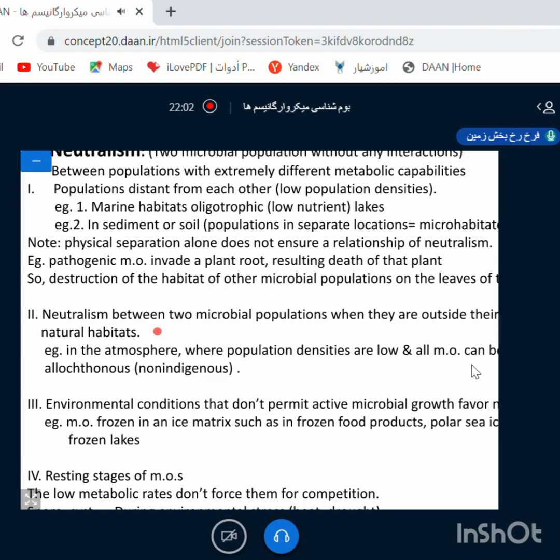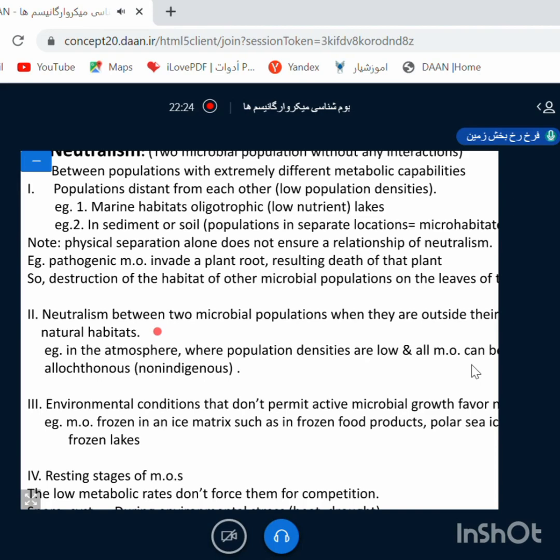So what are the microbes present in the air? All microbes present in the air come from soil and water. From wind, many soil particles go up into the air.